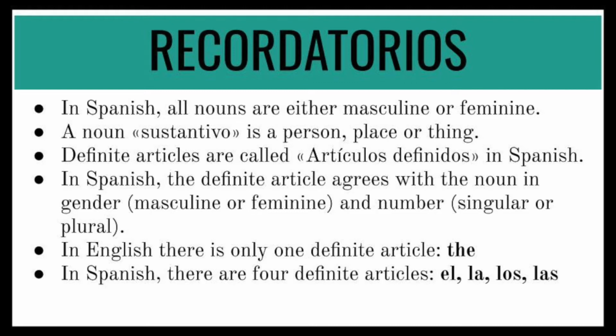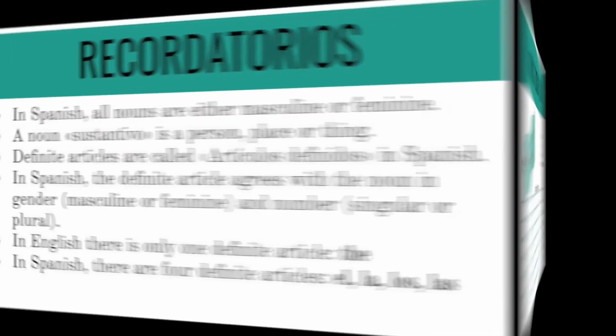Fifth, in English, there is always one definite article, and that article is the. Lastly, in Spanish, there are 4 definite articles: el, la, los, and las.